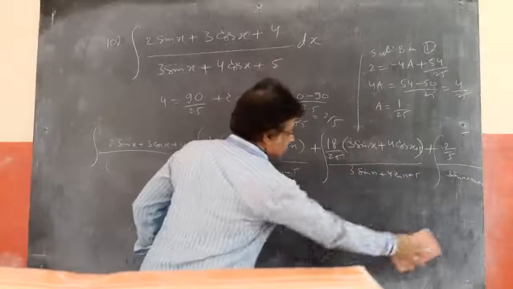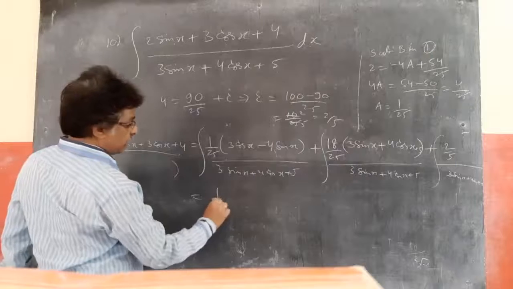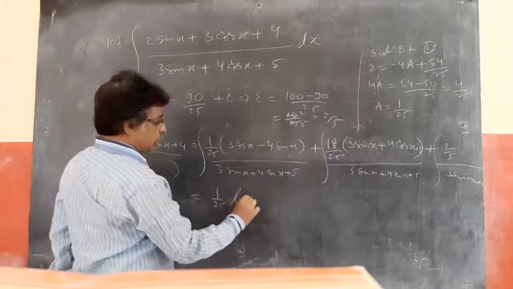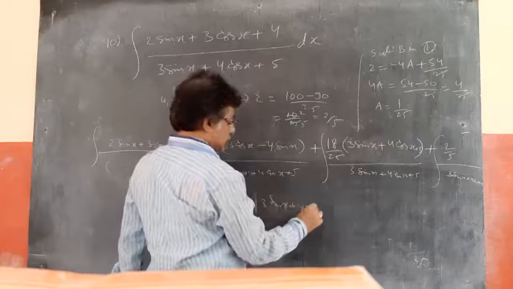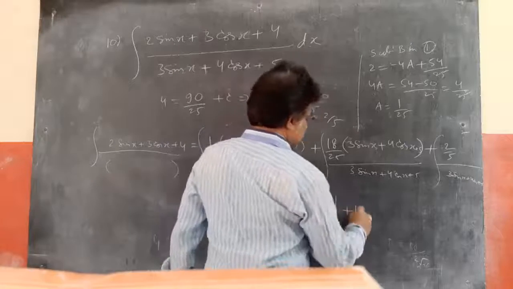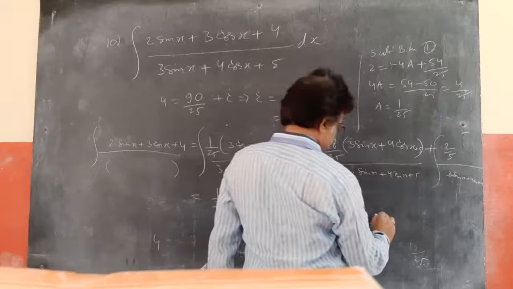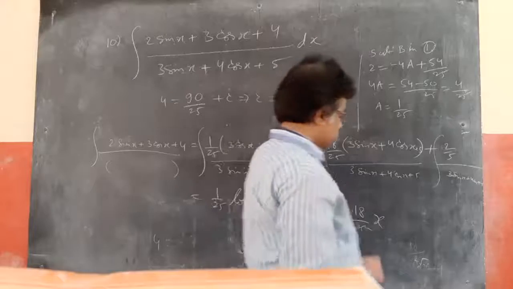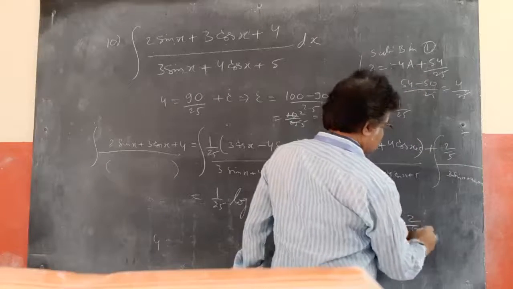So 1 by 25 into log mod of 3 sin x plus 4 cos x plus 5, plus 18 by 25 into denominator cancels, 18 by 25 x. Till this is simple. Now coming to this, 2 by 5 into integral of this.